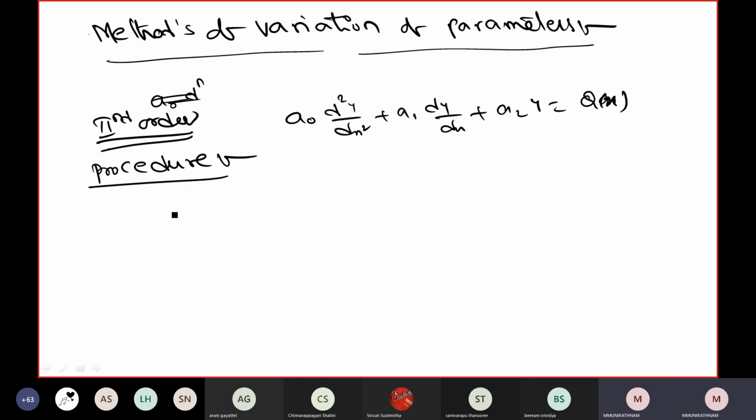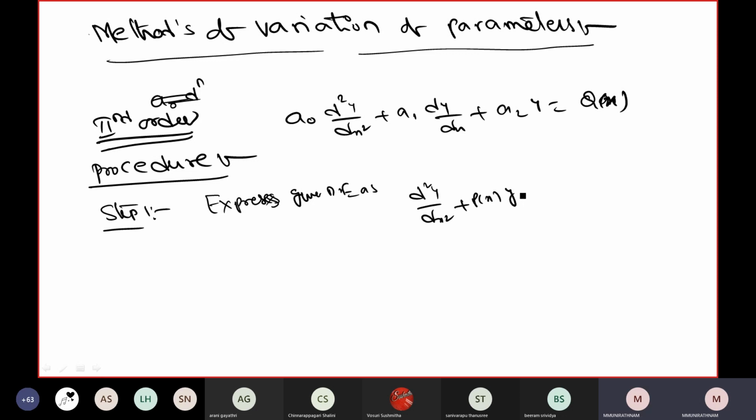Step 1: express the given differential equation as d square y by dx square plus p of x into dy by dx plus q of x into y equal to r of x.